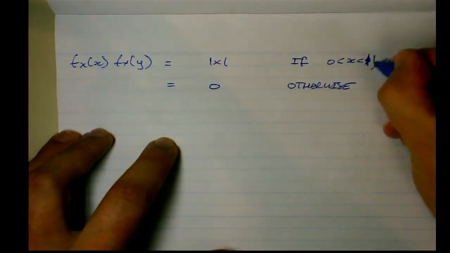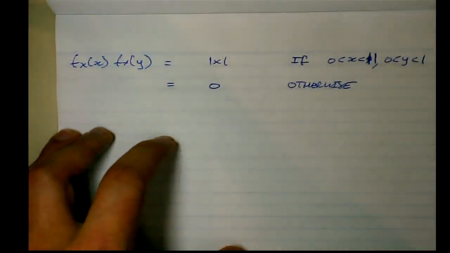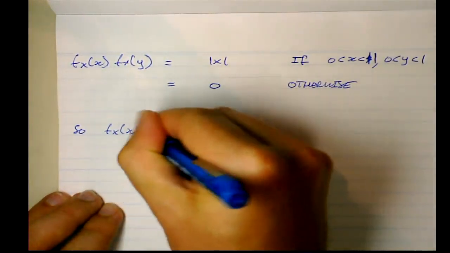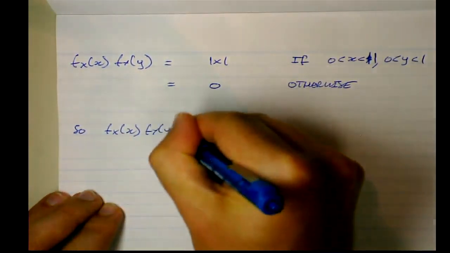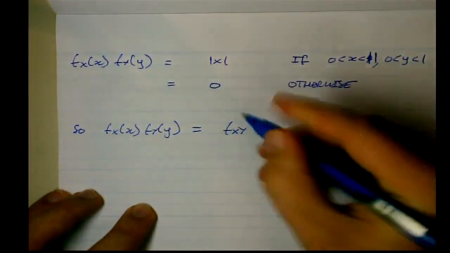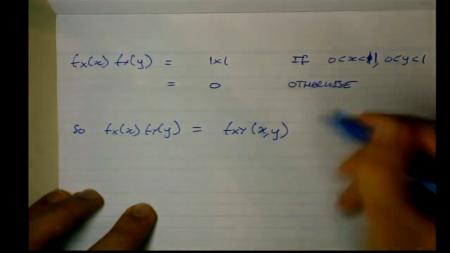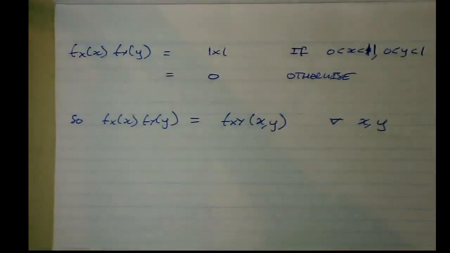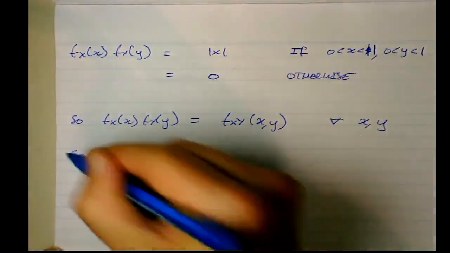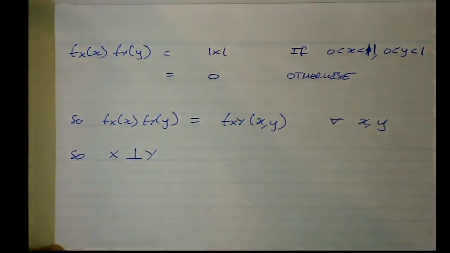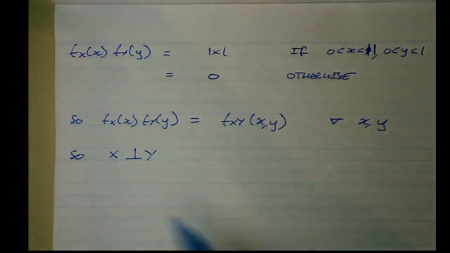So f_X(x) f_Y(y) equals the joint PDF everywhere. Exactly the same function. So x and y are independent. This little upside down t means independent.